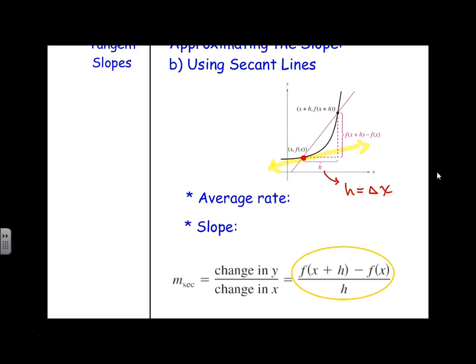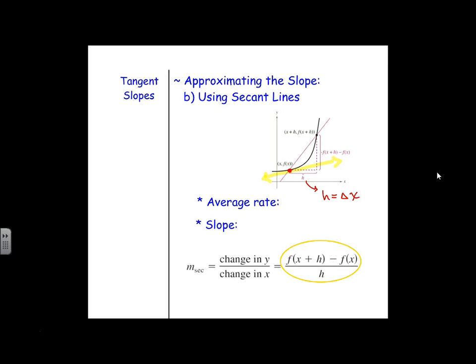Then we use that h to move away on the x and move away on the y to get that second point. But once again, guys, this is a lot of notation. We have called this formula in the past, and I've used it a couple times even today. What's the name of this formula that I've circled down below? Good. That's the difference quotient.